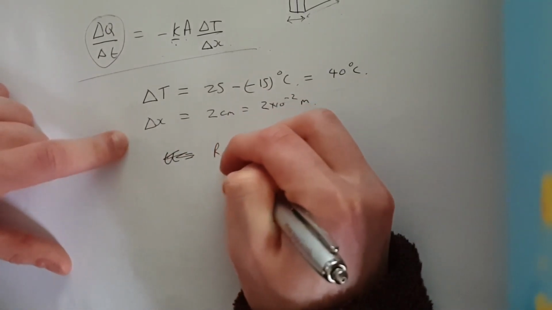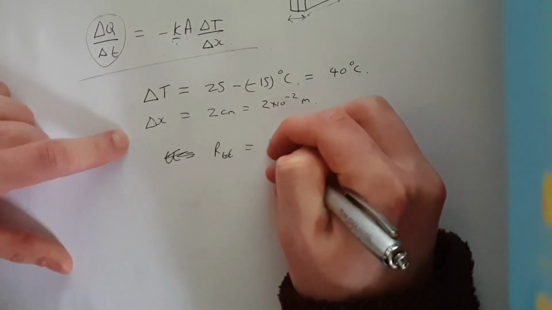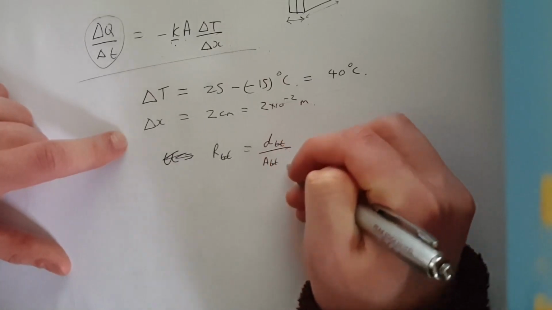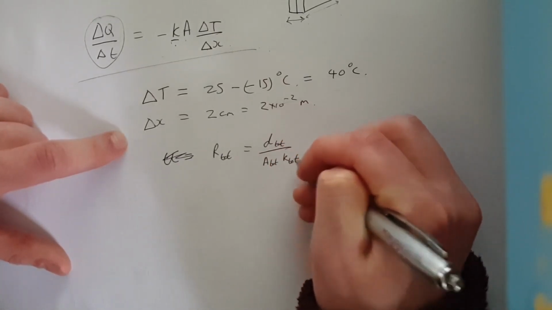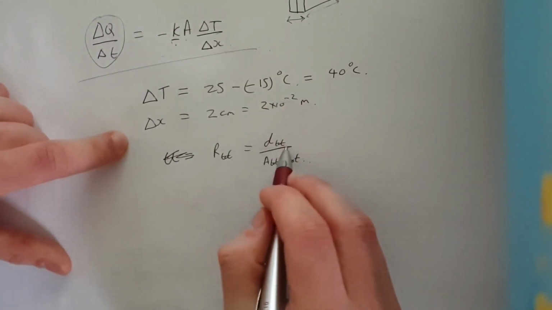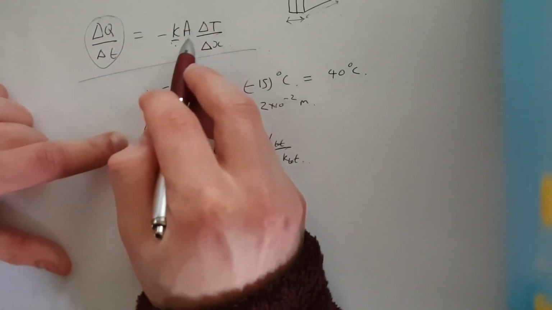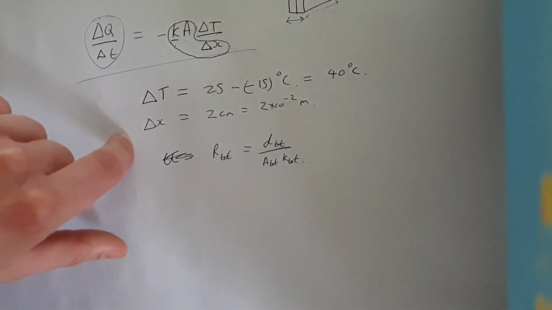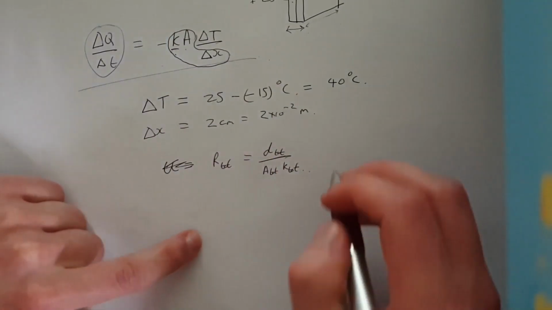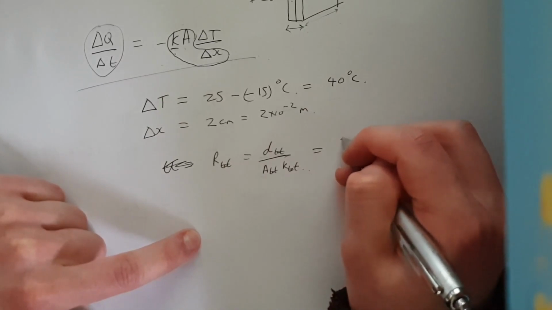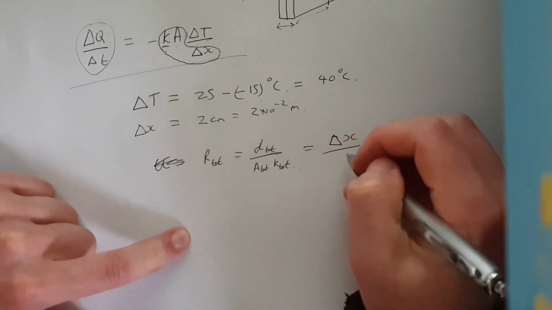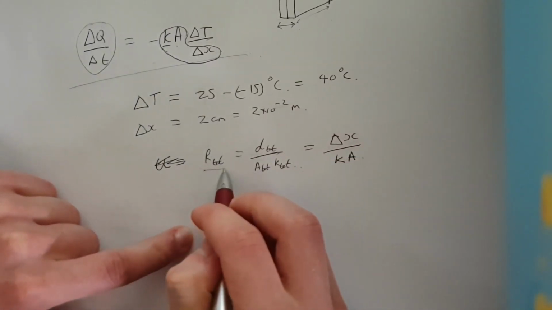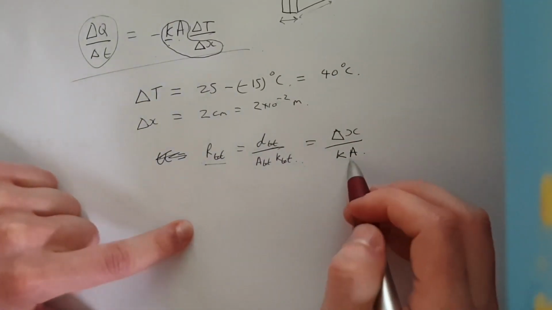So we know R total is equal to D total over A total times K total. And surprise, surprise, this is just 1 over all of these three things here. I've used D instead of X, but that's completely equivalent to saying delta X over Ka.